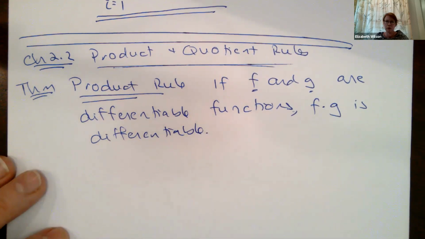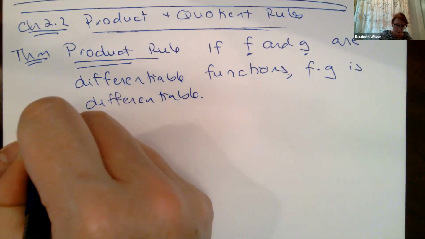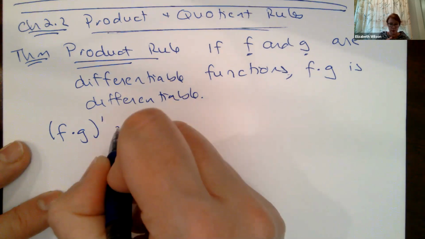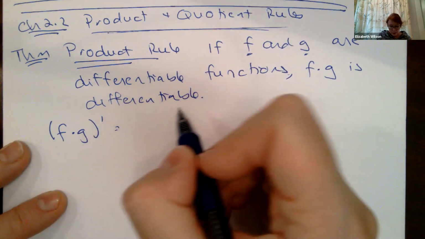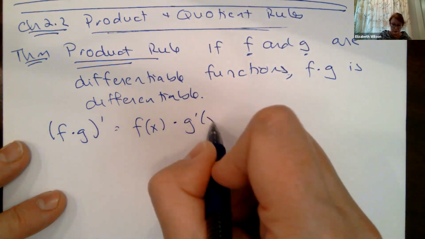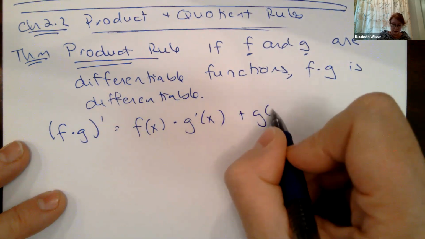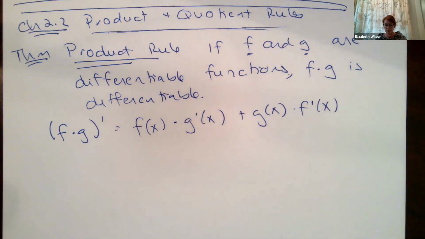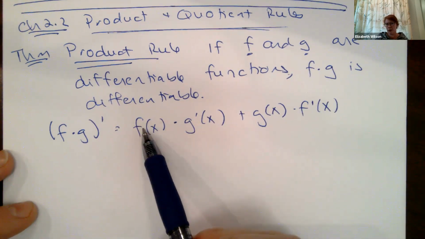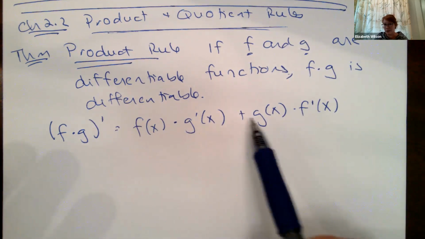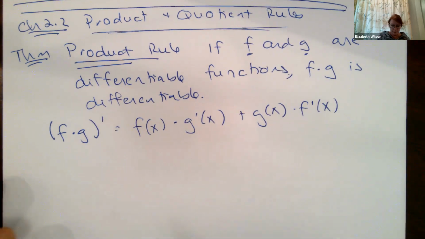Okay, but the rule goes like this. So I've got f times g, and I want to take the derivative of that. So what happens is I'm going to take the first times the derivative of the second plus the second times the derivative of the first. And it doesn't matter if you do derivative of the first times the second plus the first times the derivative of the second. We're adding it, so it doesn't matter what order you go in.